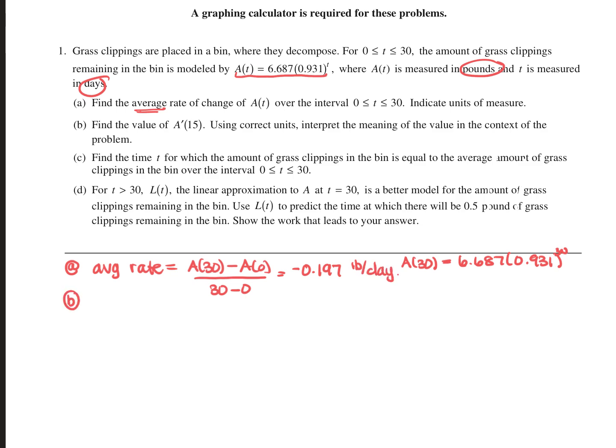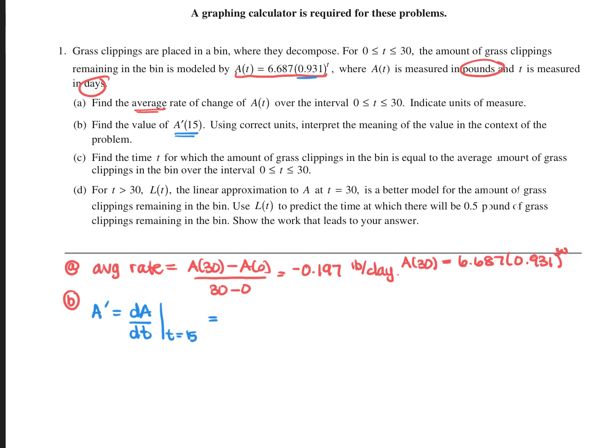Part B. Find the value of A prime of 15. So this right here is the instantaneous rate of change. So A prime, which is the same thing as dA/dt, you're going to be evaluating at time equals 15. Because this is a calculator problem, you can do this completely in your calculator, but let's just remember what the derivative would be.